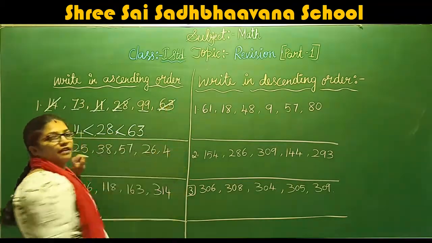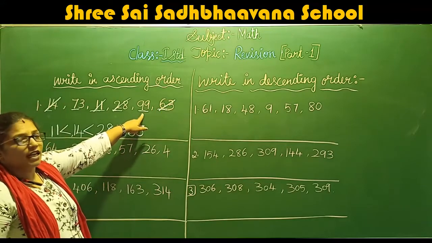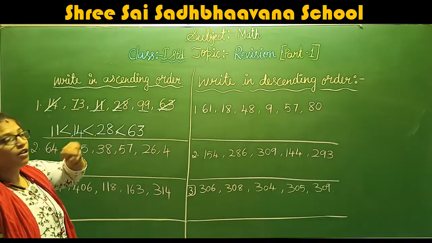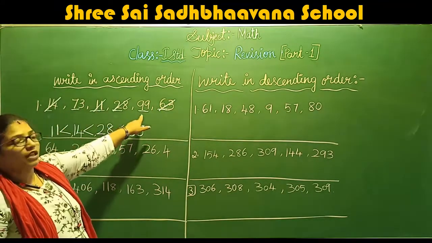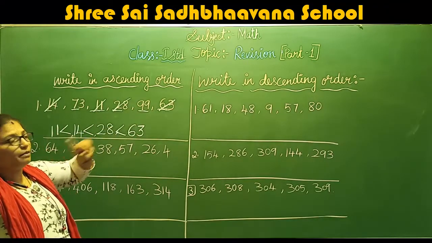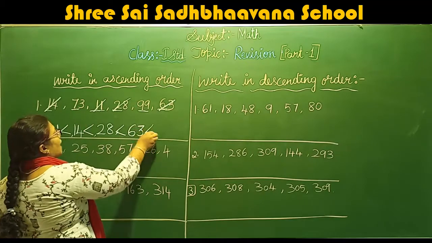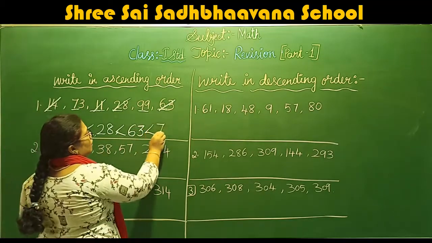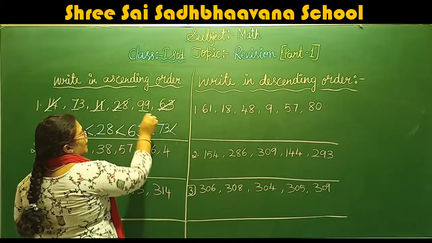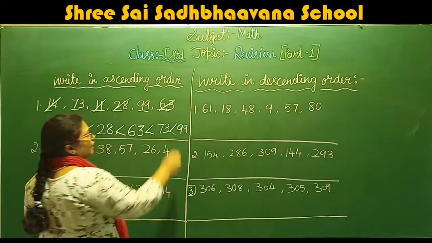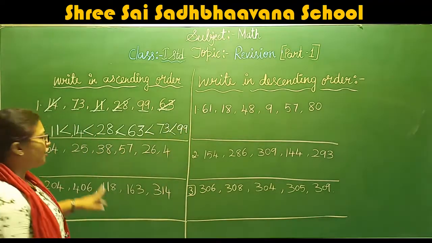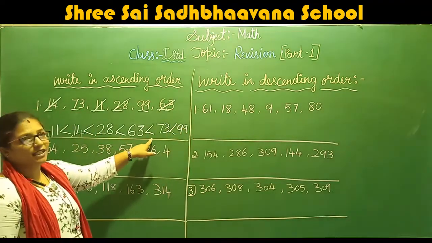So 63 is finished. Next we are taking 99 and 73. Which is smaller, 9 or 7? We have to write 73. Then 99.